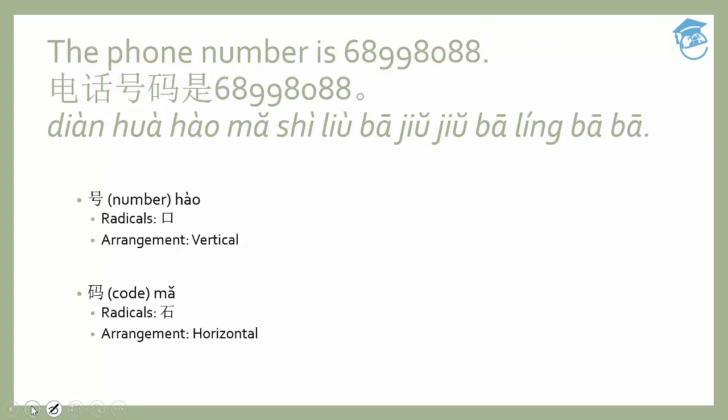So May has got to say what the number is so that Mr. Smith can return the call. So she says, the phone number is 68998088. 电话号码是68998088. So there are two new words here. The first one is 号. 号 is number. This word has different usage as in the word number.